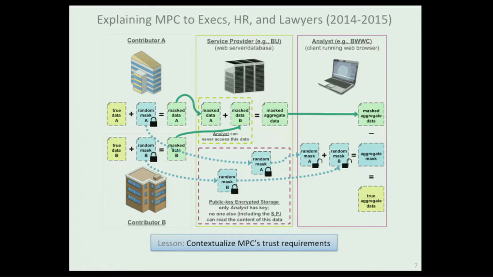And it's a 2 out of 2 secret sharing scheme, so if at least one of the 2 parties is honest and does not deviate from the protocol at all, then everything is fine. So basically, you can choose whether you wish to trust either Boston University or the Boston Women's Workforce Council.